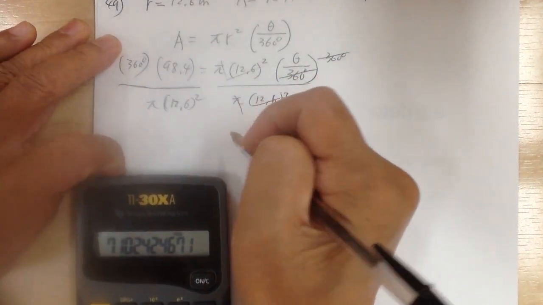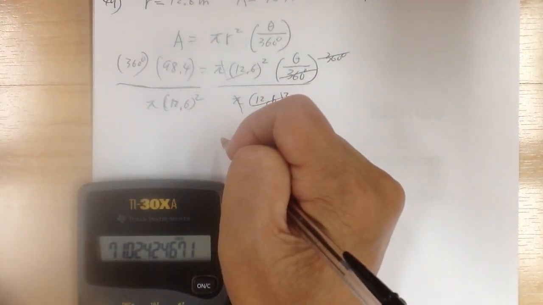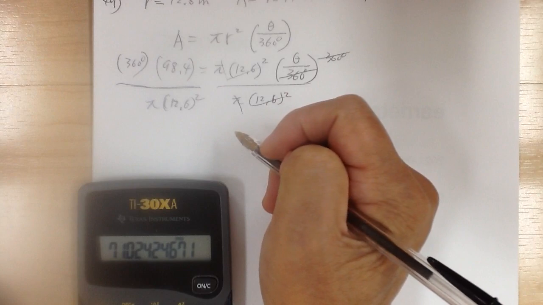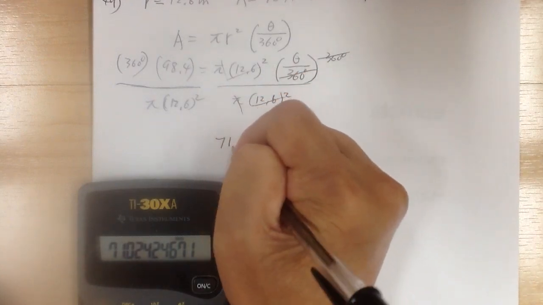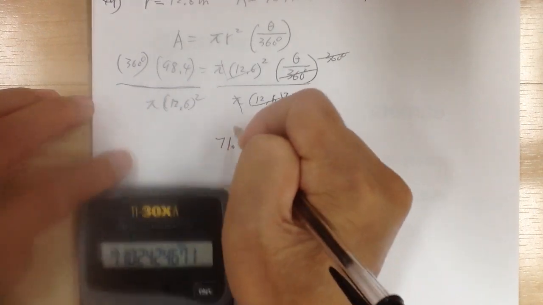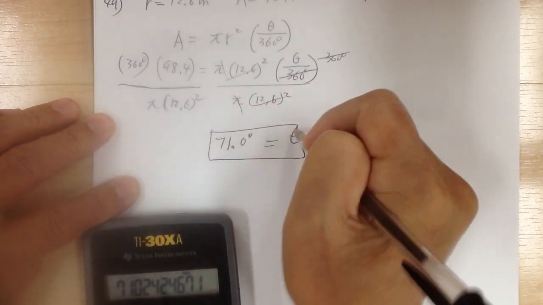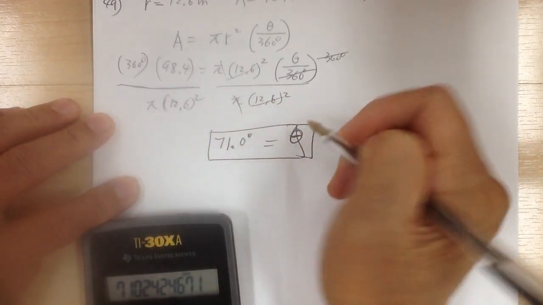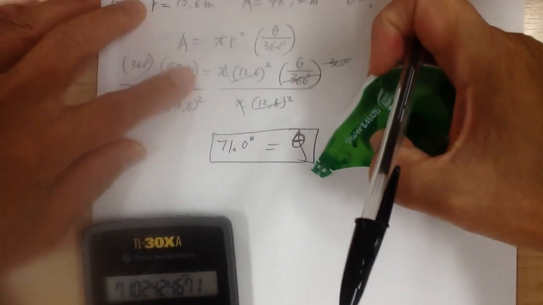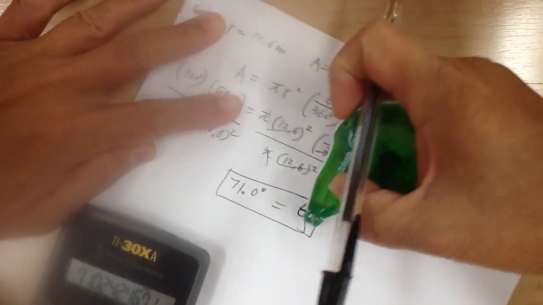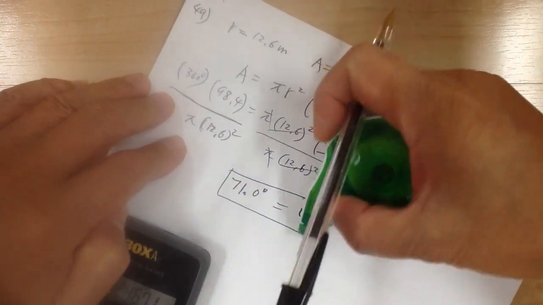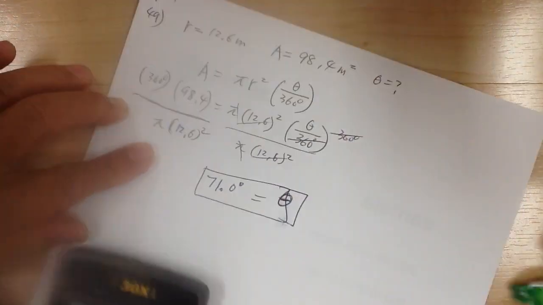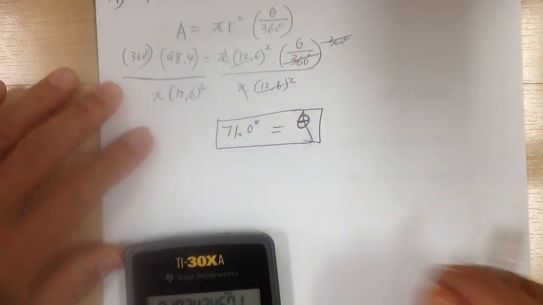So theta will equal, and this one you want to get to 1 decimal place, so it'd be 71.0 degrees.